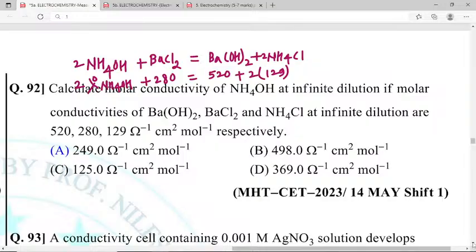So first multiply by 2, then addition, then subtraction, then division. First multiply 129 by 2, add 520, subtract 280, and divide by 2. At the end we divide by 2 and get the answer 249.